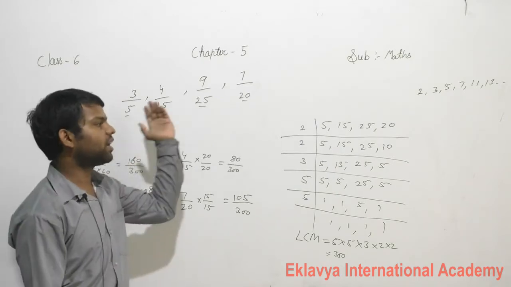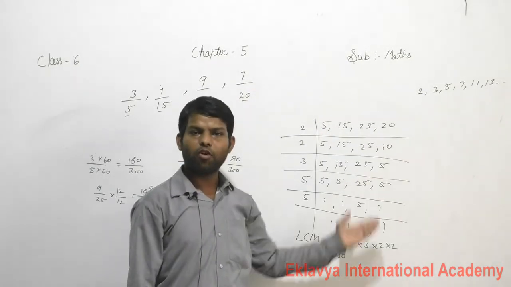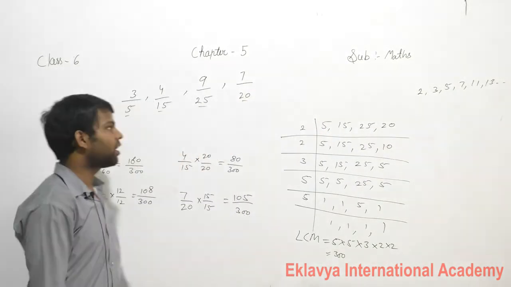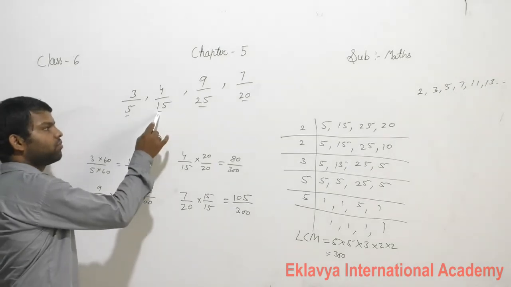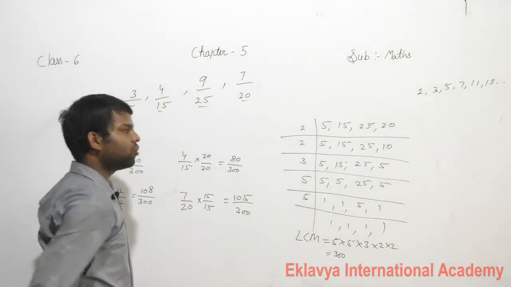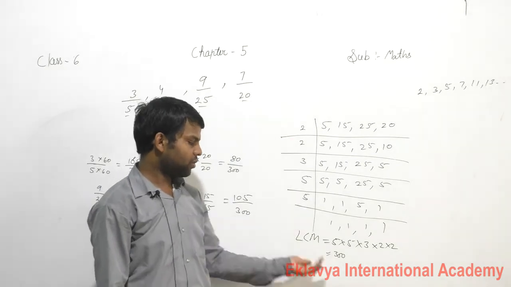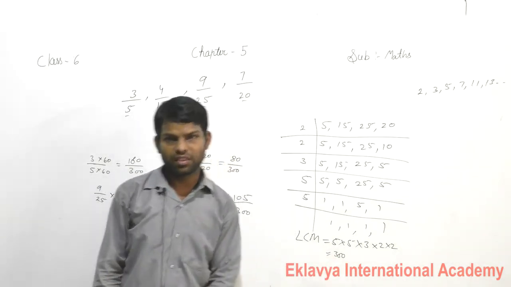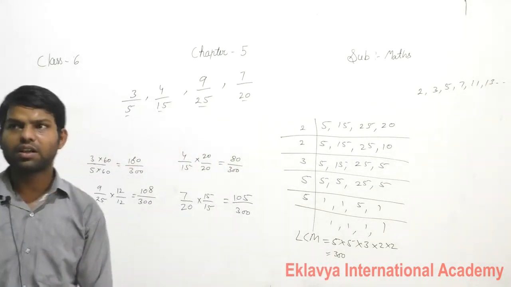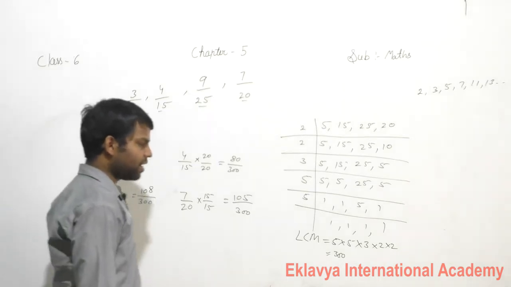So first we take the LCM of these denominators. Here the denominators are 5, 15, 25 and 20. If we take the LCM of these denominators, we get 300.